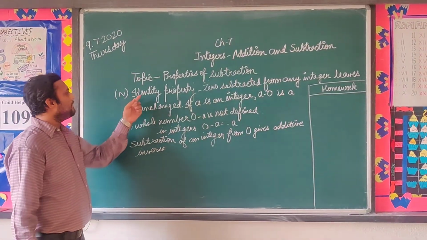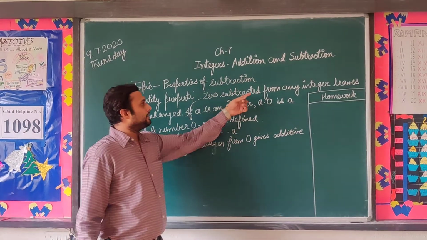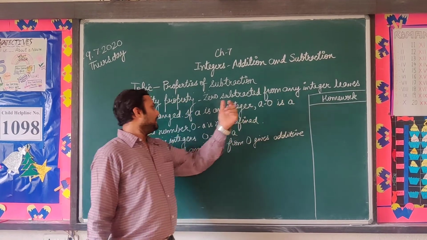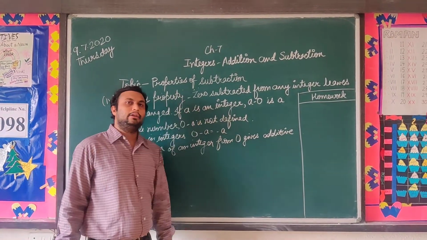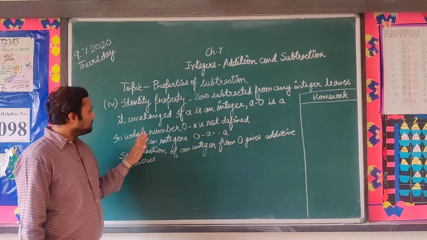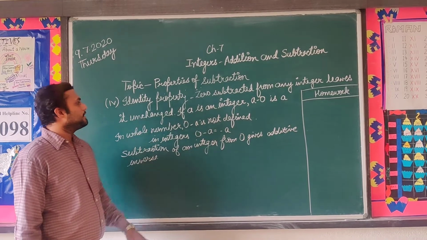Now the fourth is the identity property. 0 subtracted from any integer leaves it unchanged. If 0 is subtracted from any integer, it does not change the value, the digit will remain as it is.